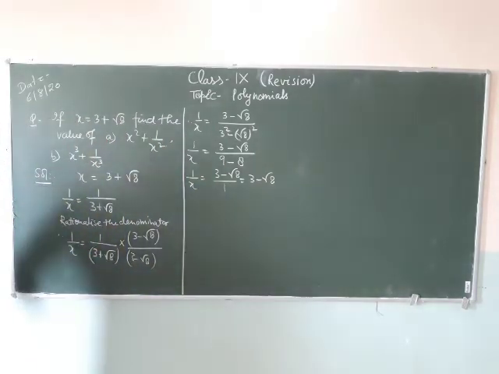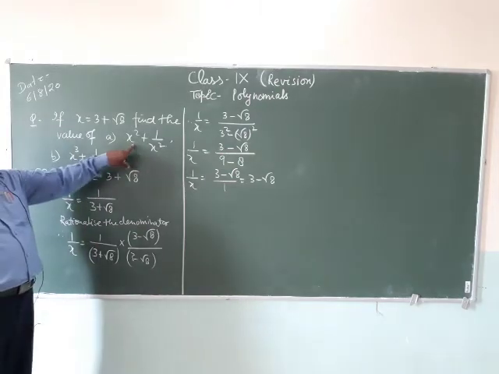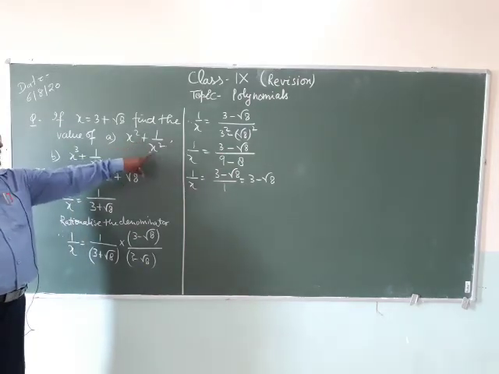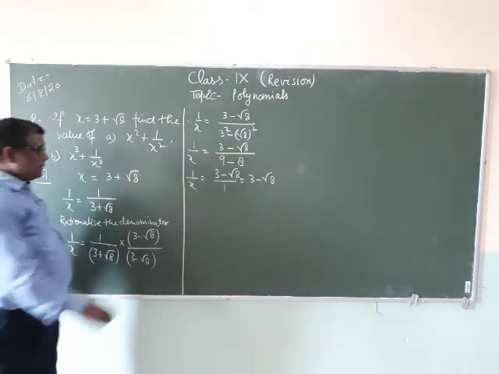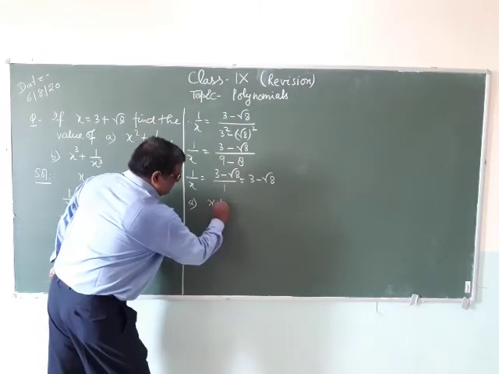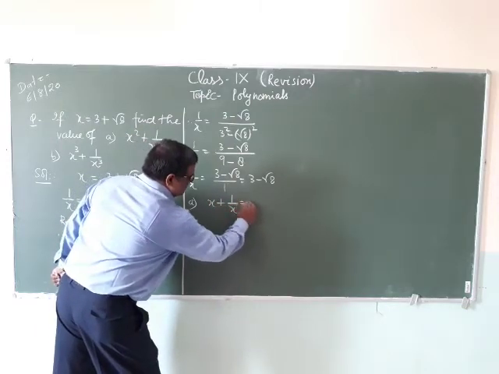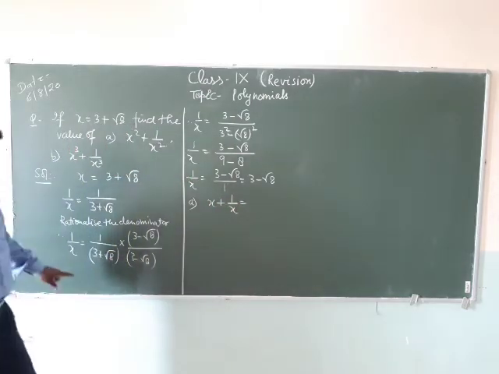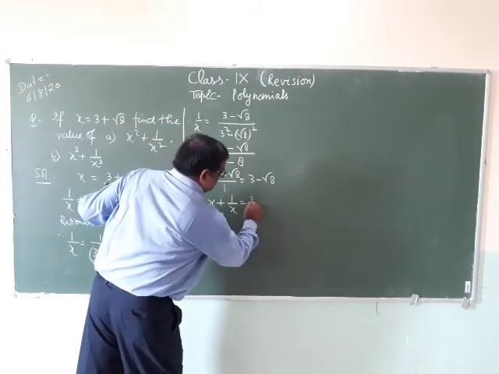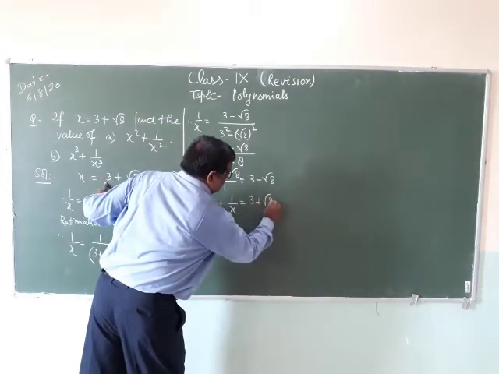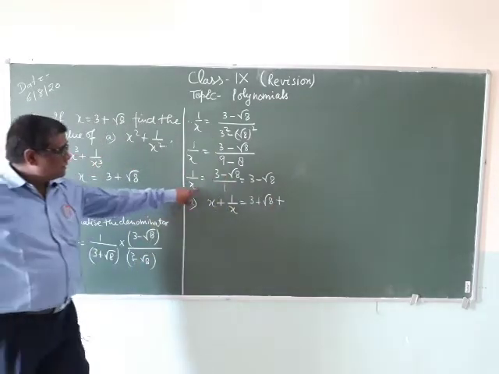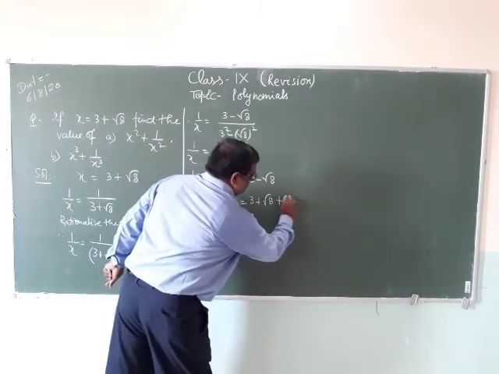Now look here, our question is to find x square plus 1 by x square. So first of all, we have to find x plus 1 by x. x is equal to 3 plus root 8, and 1 by x is 3 minus root 8.